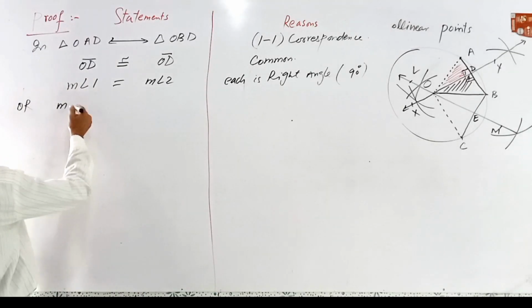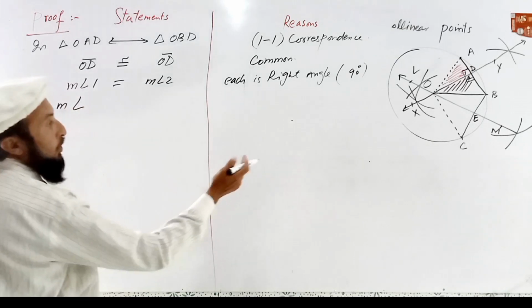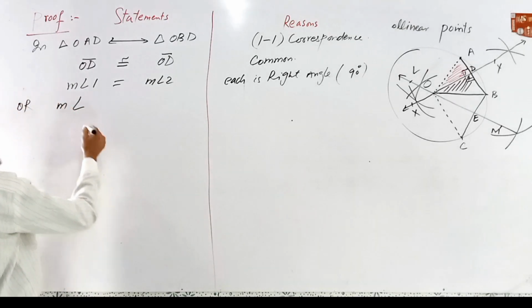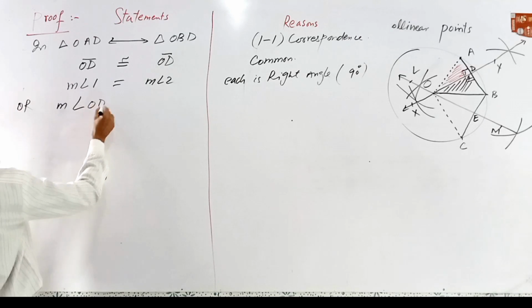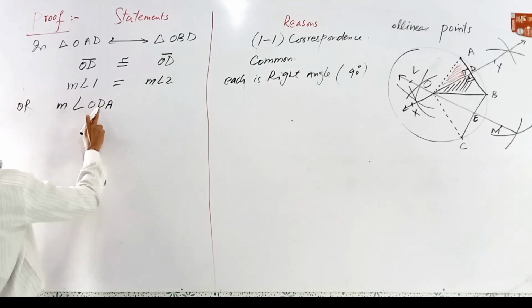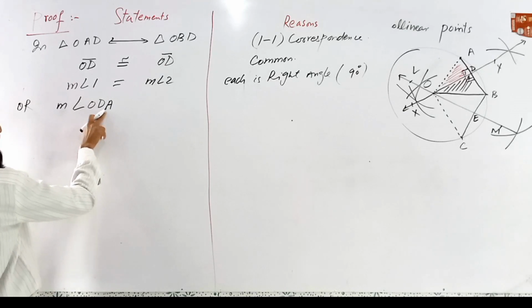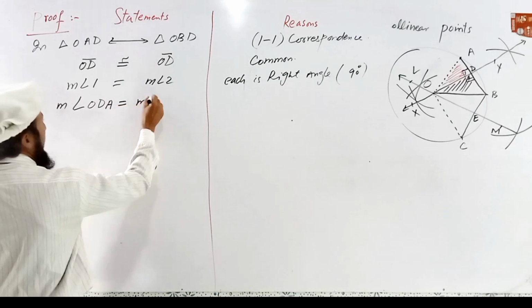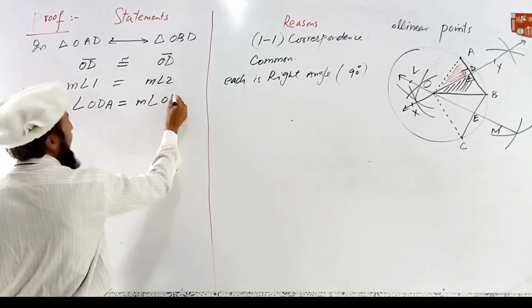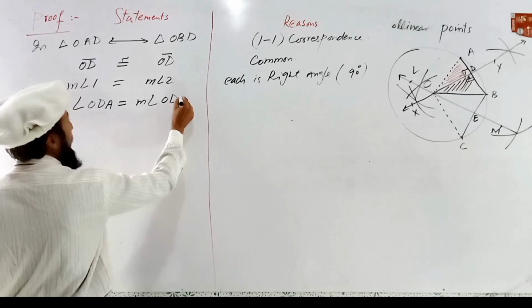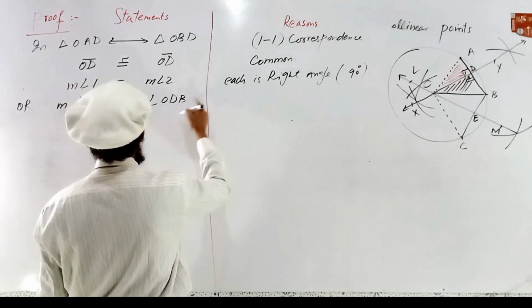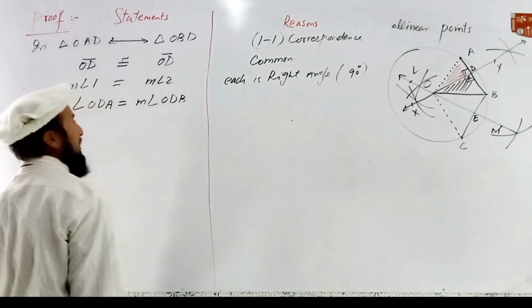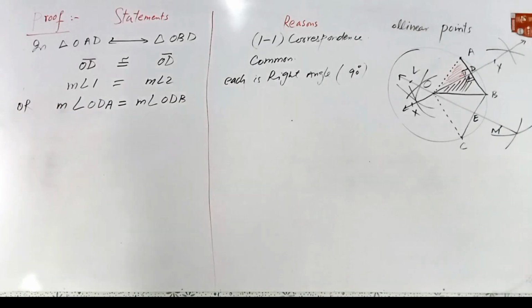So we can write measurement angle ODA, because the angle must be between the two figures, and it will be equal to measurement angle ODB. So we can write the same statement, each is a right angle.